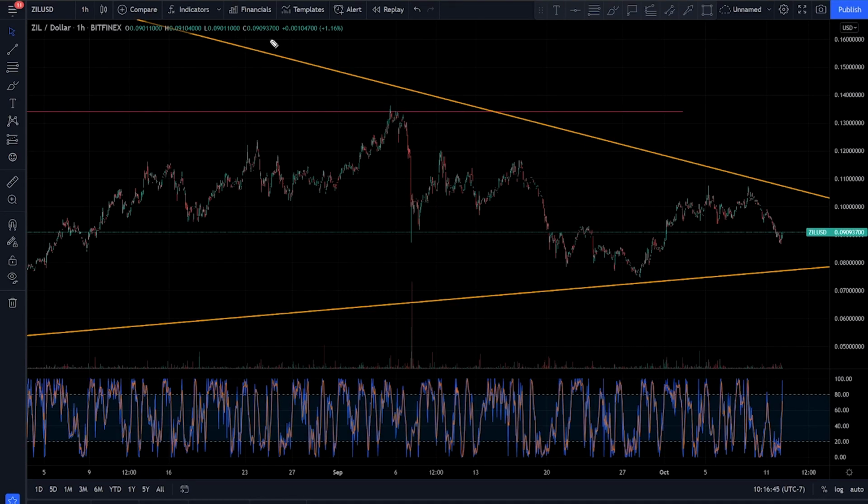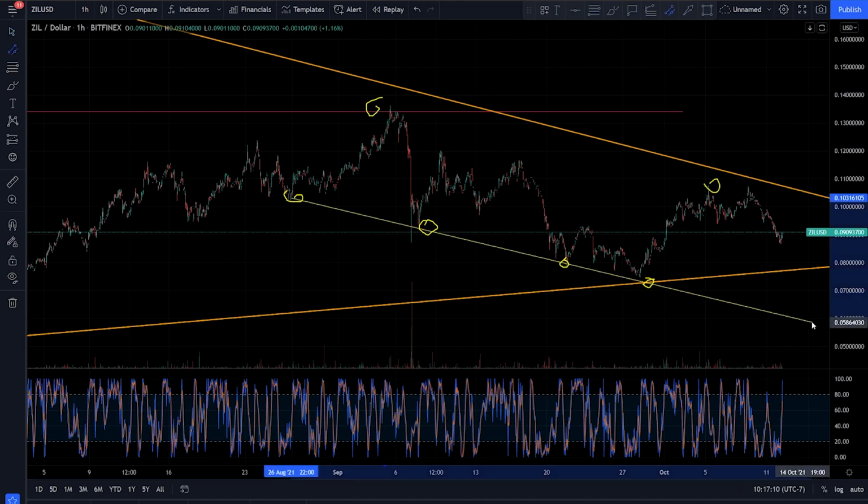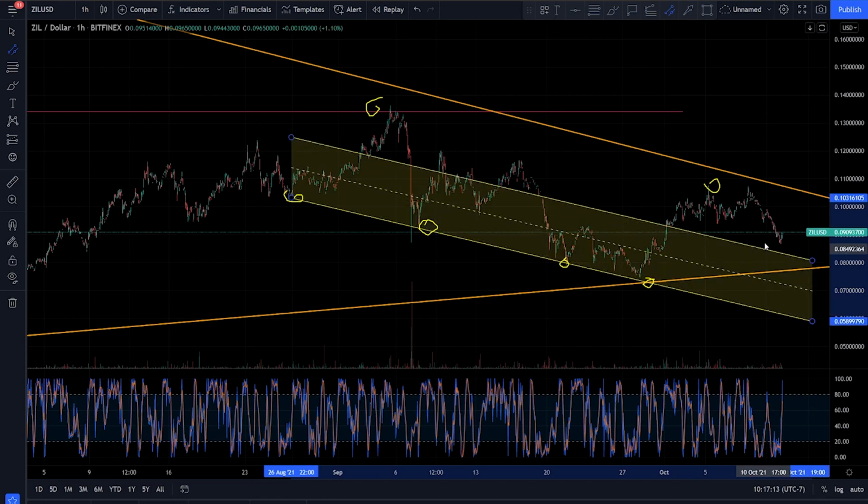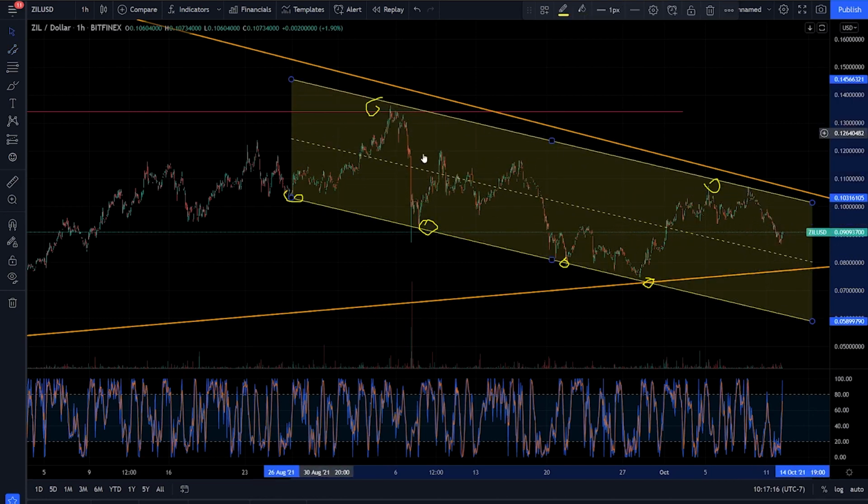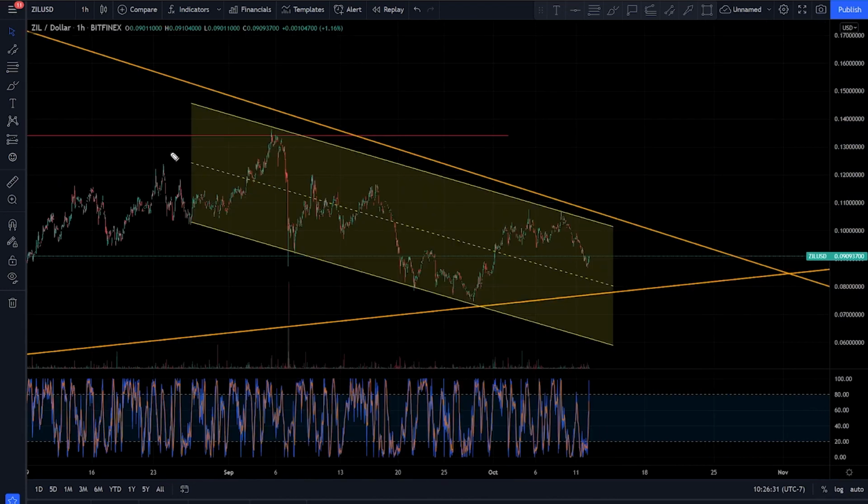Let's take a look at Zilliqa on this 1 hour chart. When Zilliqa was trending down, it was forming this lower low as well as higher low. Connecting all these points gives us a downward support trend line, and extending that to the top gave us the downward channel. Zilliqa has very much been oscillating within this downward channel.